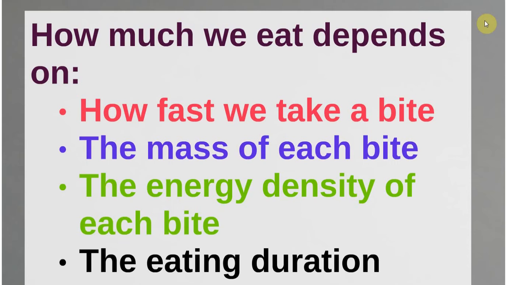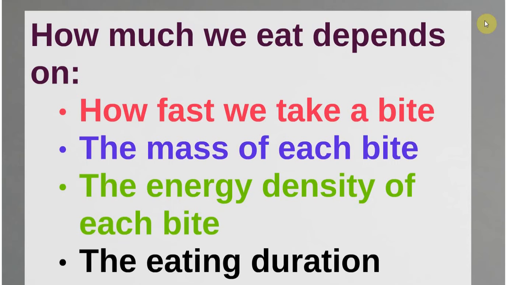Well, this depends on several things. We can break it down. How fast we take a bite, or our eating rate, is important. It contributes to how much we eat. The mass of each bite, so some people may take small bites and some people may take big bites. So the mass of each bite is a variable that contributes to how much we eat. The energy density of each bite, so eating spinach quickly is different than eating a donut quickly.